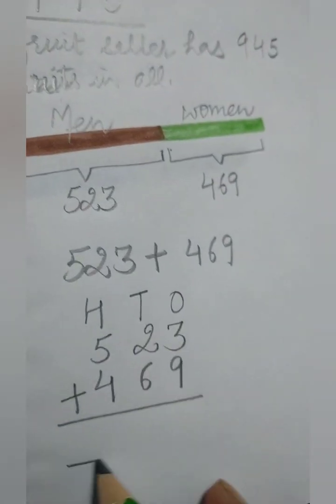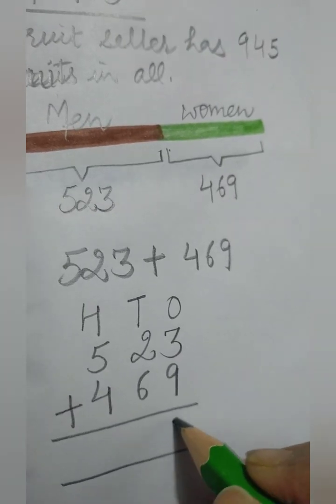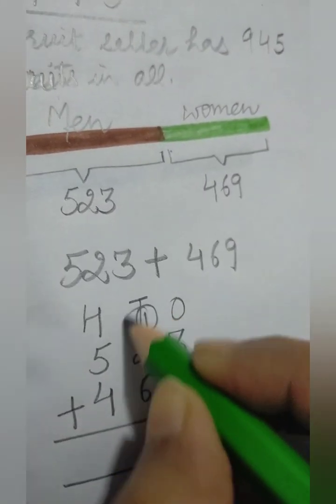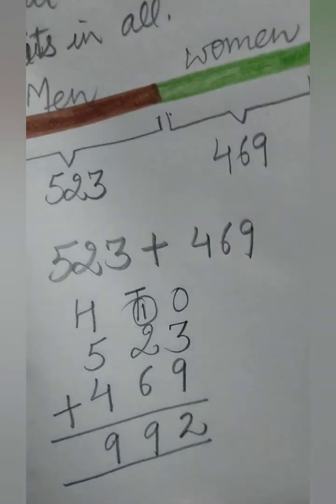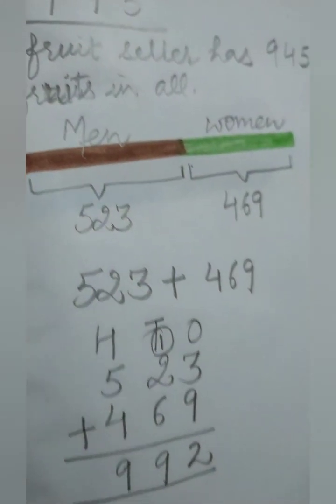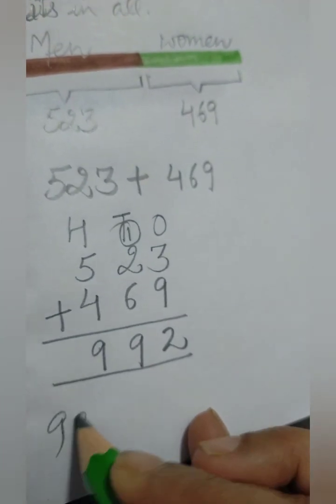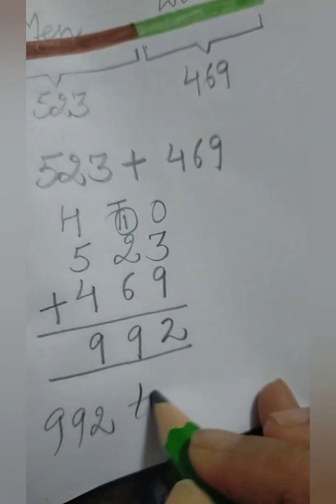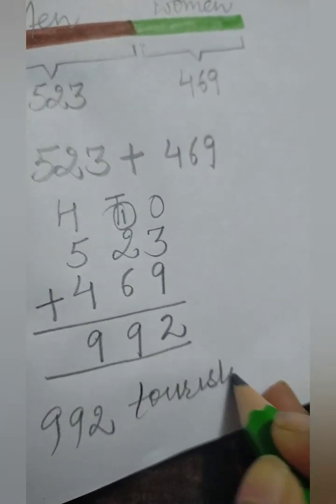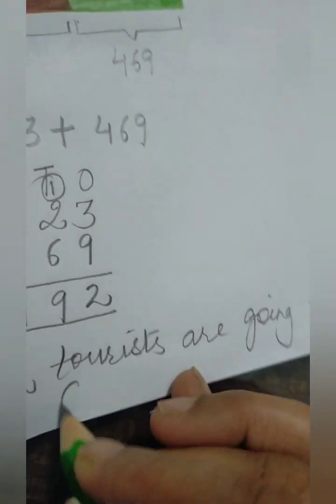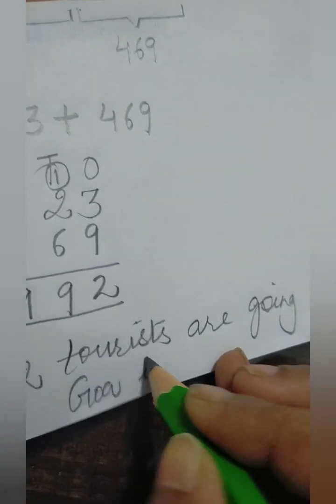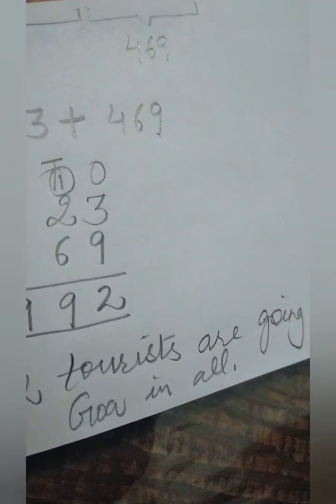Let's see what total we get. 9 plus 3, 12. 1 carry. Here it is 9 and here again it is 9. So we will write 992 tourists are going to Goa in all.